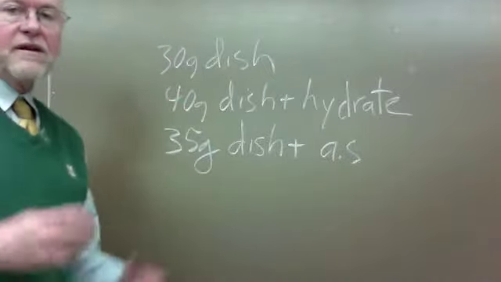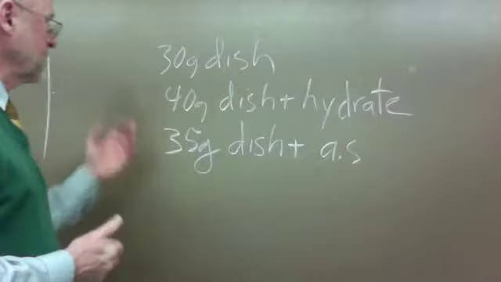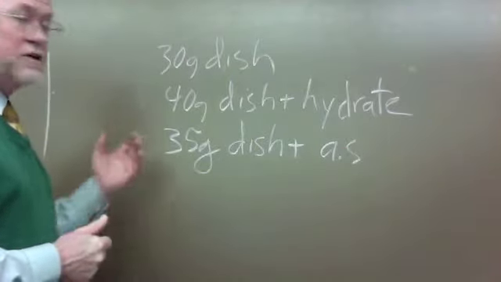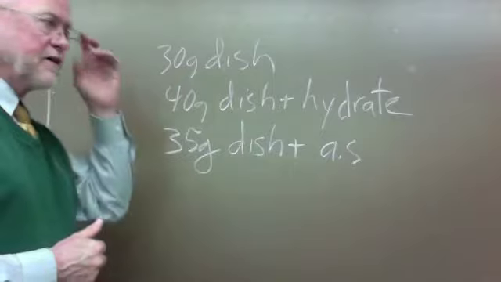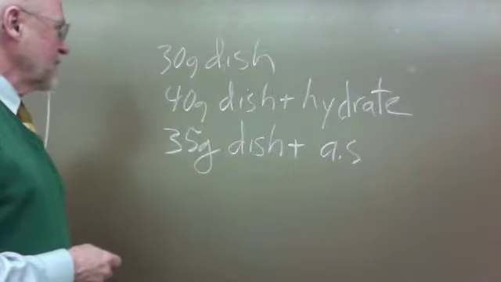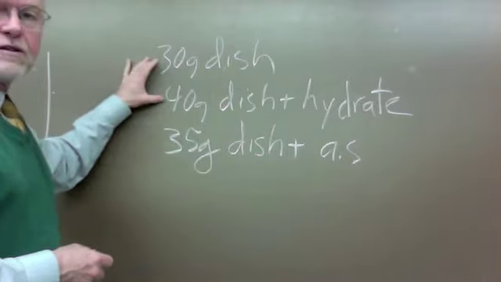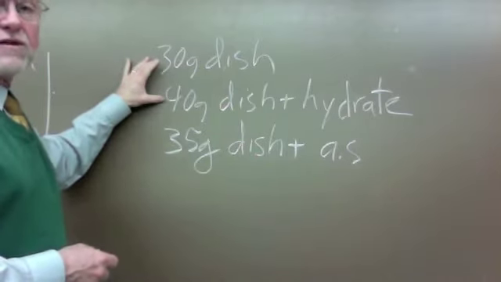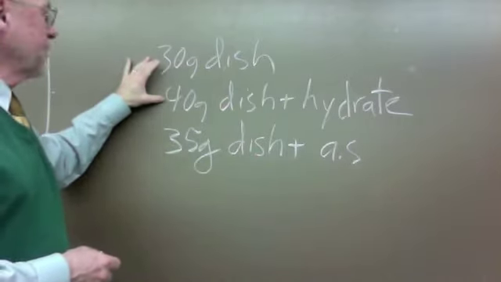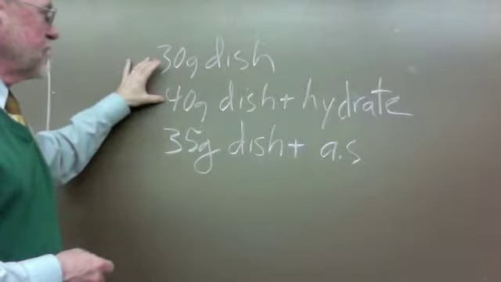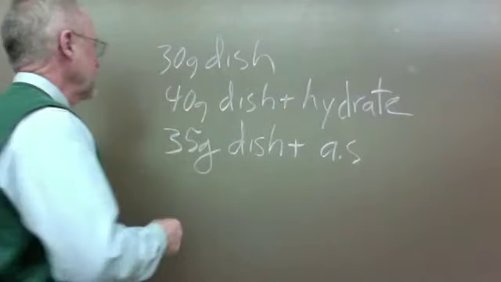Okay, so now it's pretty easy to see that I could do some subtractions and find out different amounts. For example, the amount of hydrate would be the difference between these two. I used 10 grams of hydrate, right?